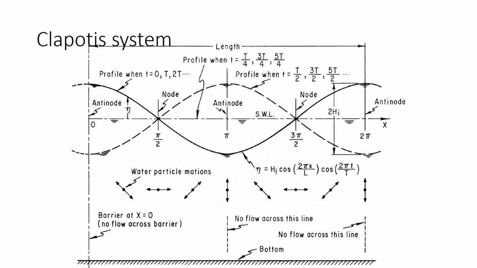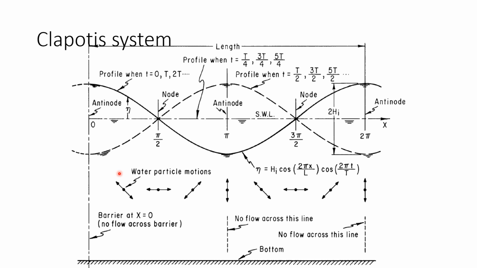So essentially what happens in a Clapotis system is that the incoming wave and the outgoing wave, which are oriented at an angle of alpha with the barrier, superimpose with one another such that they form nodes and antinodes at different points in front of the structure.